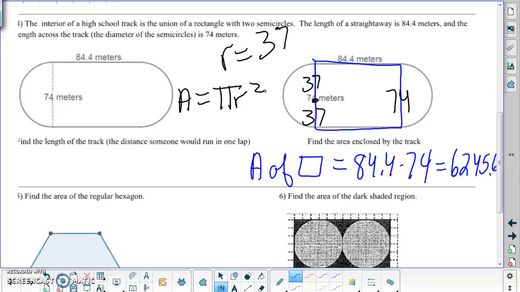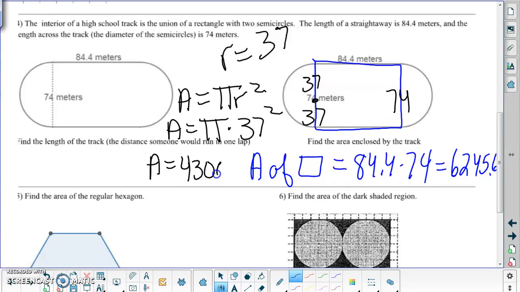Now, instead of doing pi r squared divided by 2, if I have two semicircles together, they make a full circle, so I don't have to divide by 2. So I'm going to take pi times 37 squared. Okay, so I'm getting 4,300.8. Yep. And then just add the two together for the total area.